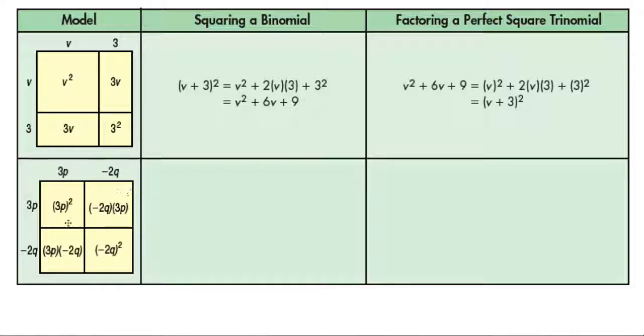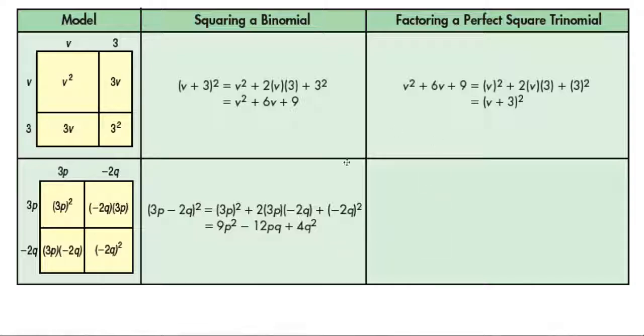Another example, this model right here. Again, this forms a square because the dimensions are the same. So we have the quantity 3p minus 2q squared, and adding all of these monomials up, you end up with 9p squared minus 12pq plus 4q squared.